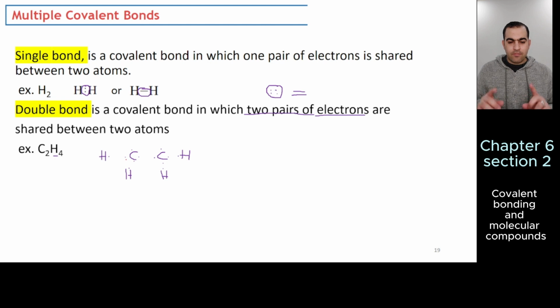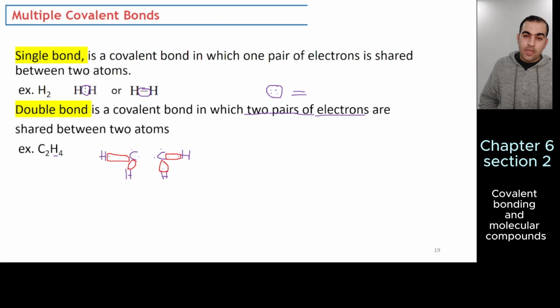When unpaired electrons get together, they make a bond. So this carbon can make a bond with this hydrogen, and this carbon can make a bond with this hydrogen. Also, this carbon is surrounded by 2 hydrogens, so these 2 hydrogens make a bond with this carbon.